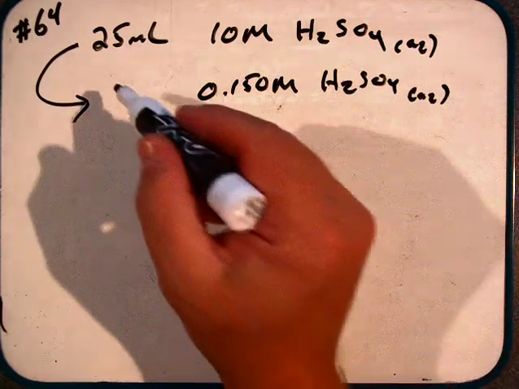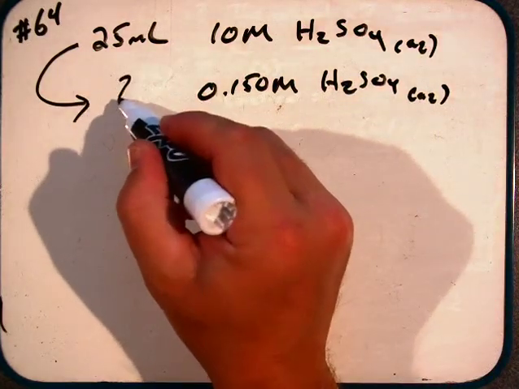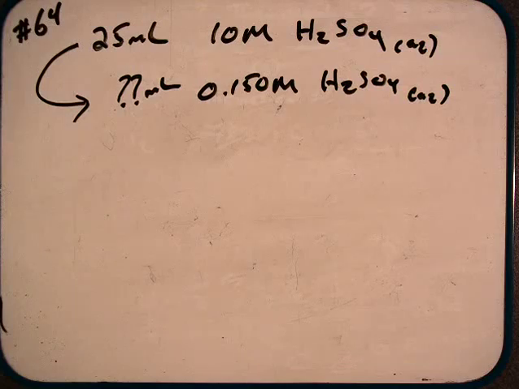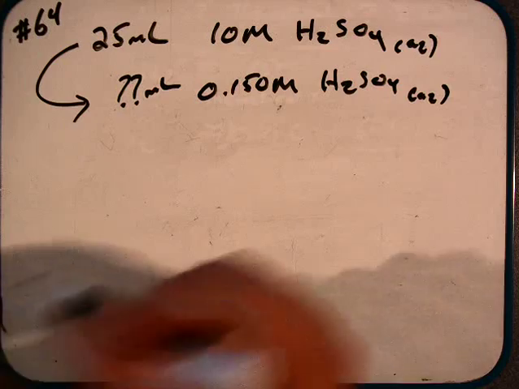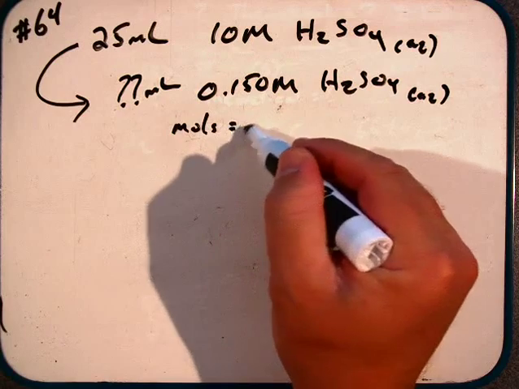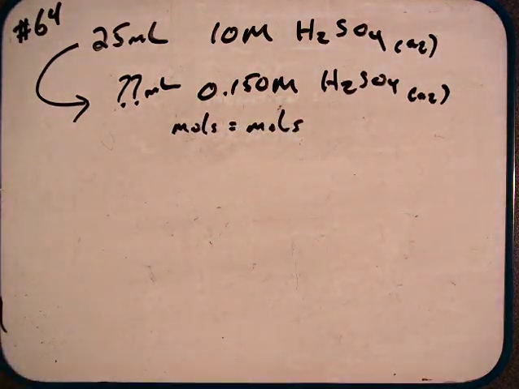to a different concentration. And so this is really what we are asking, is what is the volume that we need to dilute the 25 milliliters of 10 molar sulfuric acid to get a 0.150 molar solution. And so really what we are trying to do here is make sure that these two guys are equal, moles and moles, right?